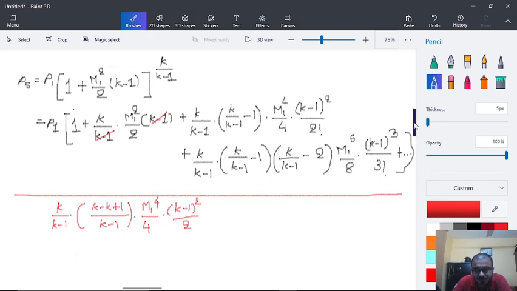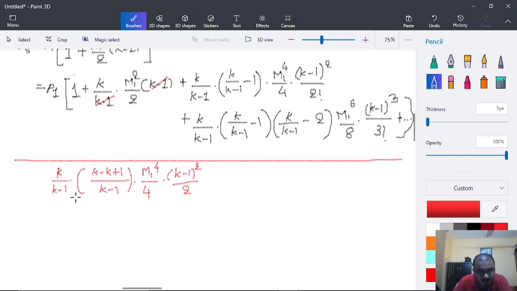So this is equal to k upon k minus 1 into 1 upon k minus 1 into m1 raised to 4 upon 4 into k minus 1 whole square upon 2.